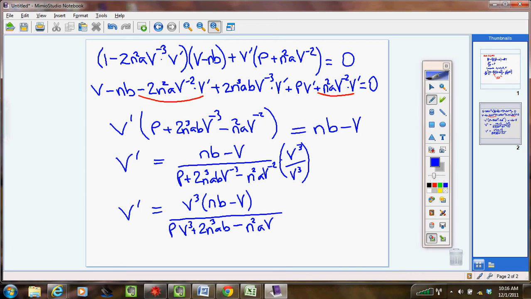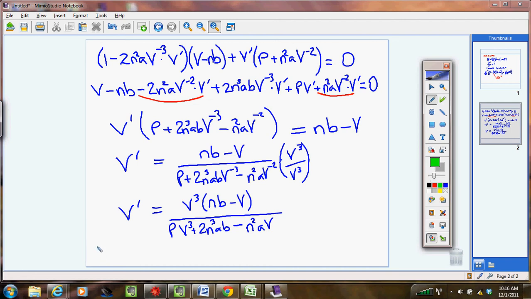Now this was only part A of the problem. For part B of the problem, we were given some particular values to calculate v prime. For part B, it says find the rate of change of the volume with respect to pressure, dV/dP, or v prime, of 1 mole of carbon dioxide.